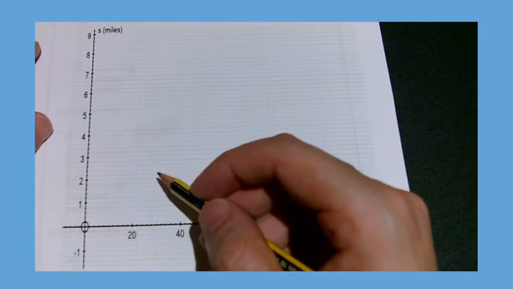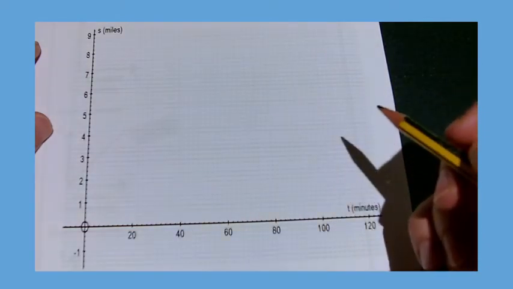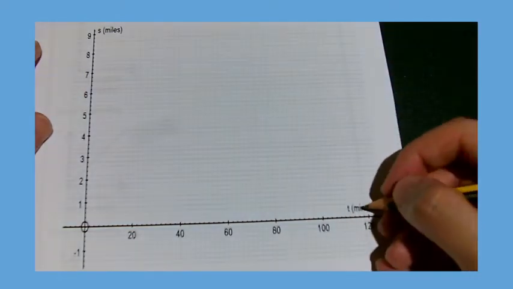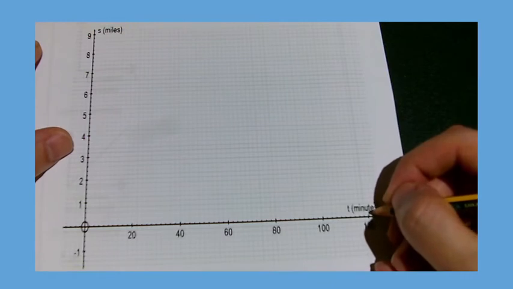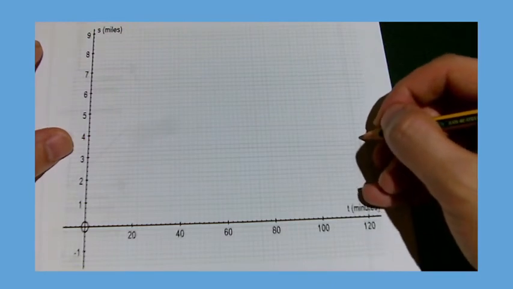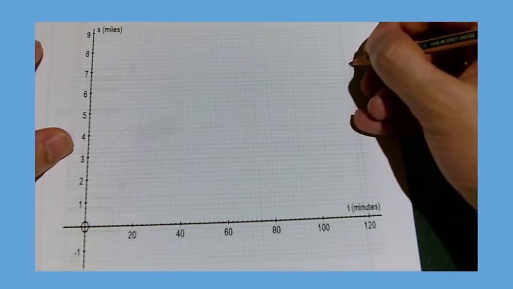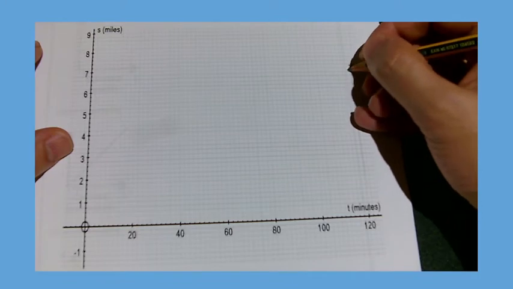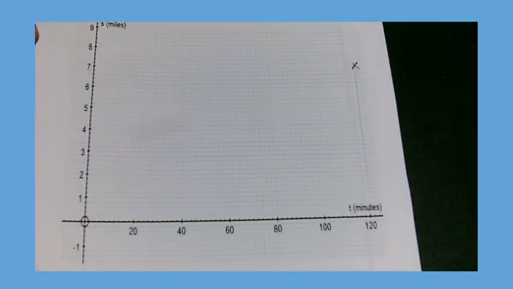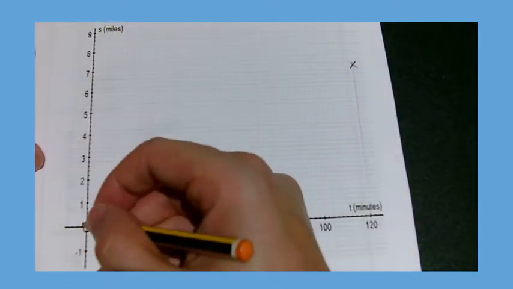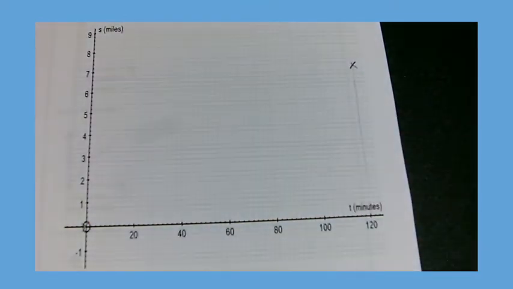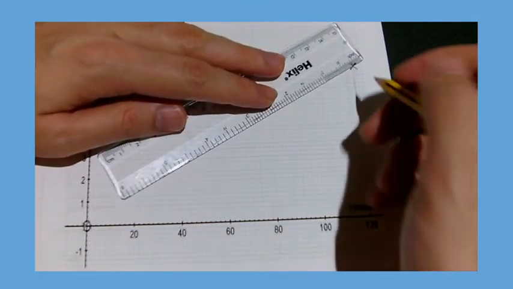So Simon does 7 miles in 2 hours. So 2 hours is here, 120 minutes. Go all the way up to 7, which is roughly there. Obviously if he's walking, he's not stopping, then he's starting from here, which is 0, 0. He's going to carry all the way through.